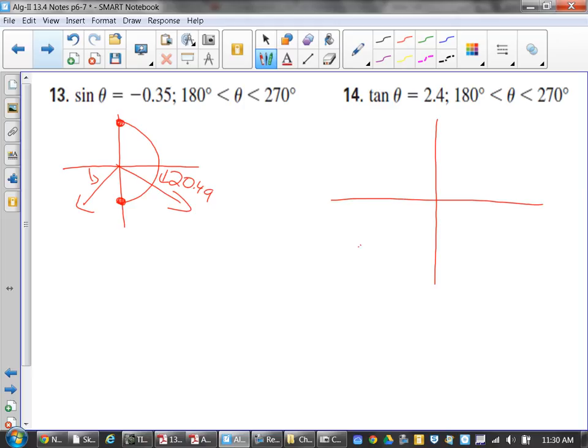Originally the calculator, remember, is going to find it between the first and the fourth again, between 90 and negative 90, not including pi over 2, negative pi over 2, and that's where you get your asymptote. When you type it in your calculator, it's going to give you a first quadrant problem.